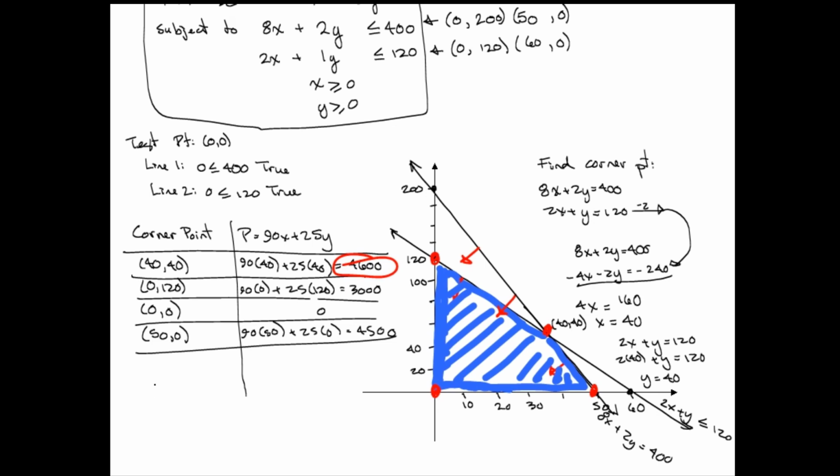And so that tells me that the company should make 40 chairs and 40 tables. Make sure you look up which one is which.